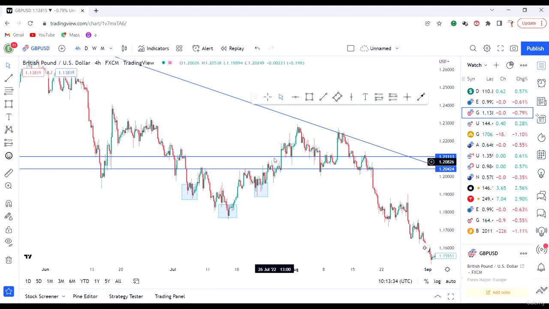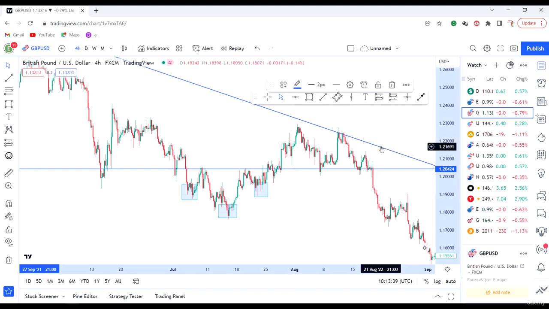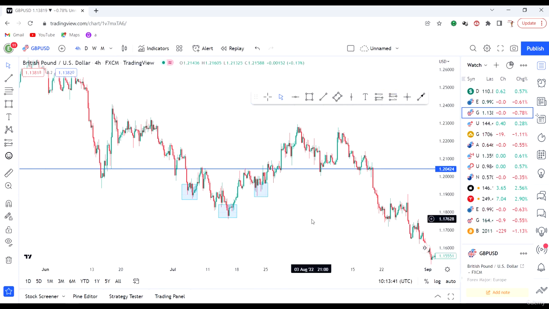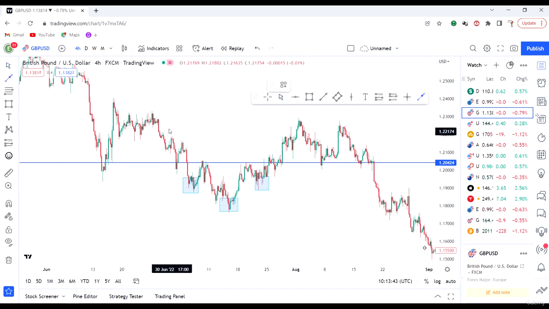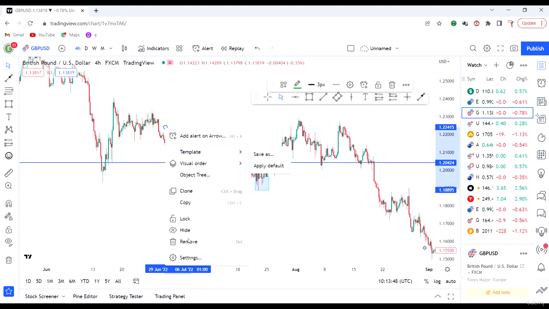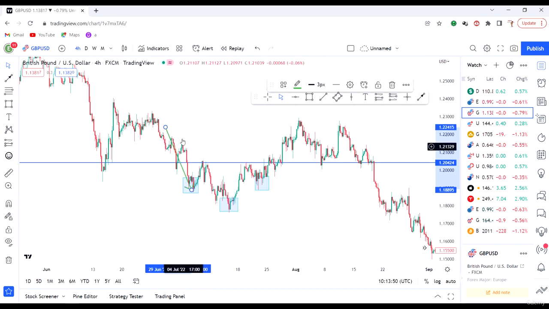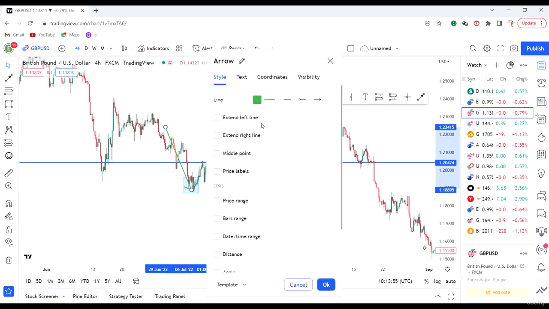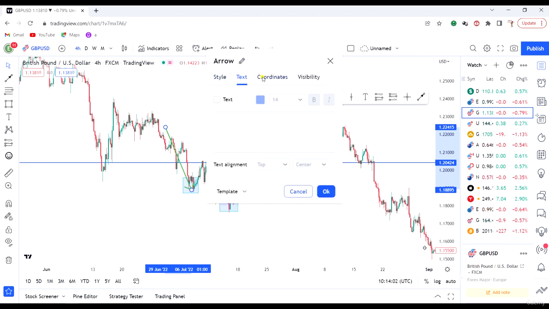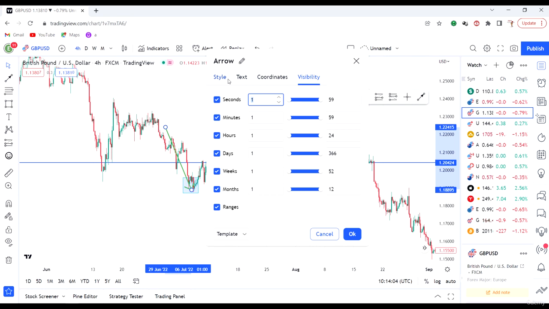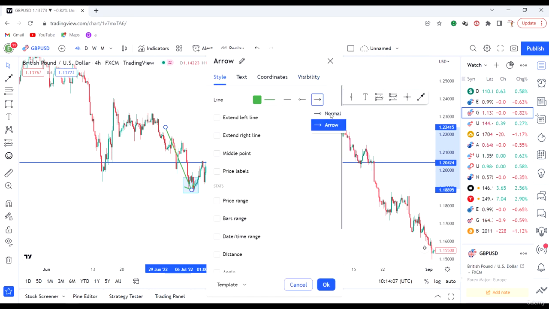Okay, so the market came here. Let's just delete some of these irrelevant levels. The market came here, came like this, made this. Let me just reduce the size of the arrows. Let's just make this a normal arrow.